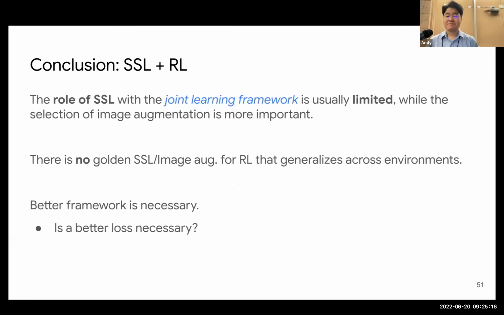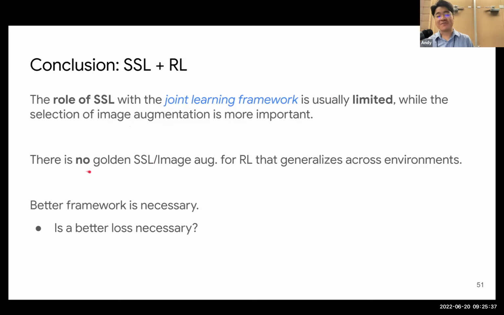So that's pretty much it. The conclusion we were able to observe was that the role of self-supervised learning, at least within this joint learning framework, trying to jointly optimize everything, is usually very limited, while the selection of image augmentation is sometimes much more important.